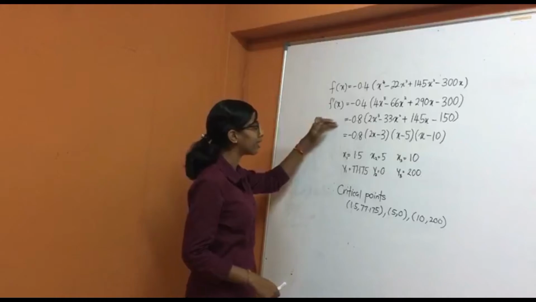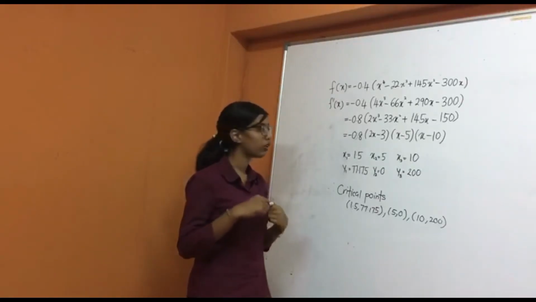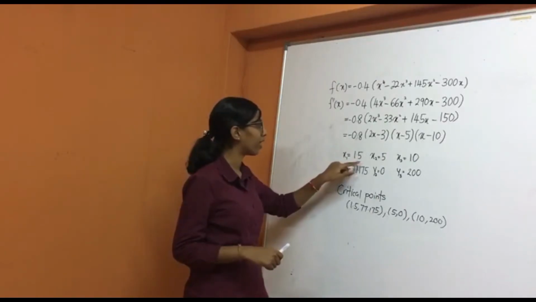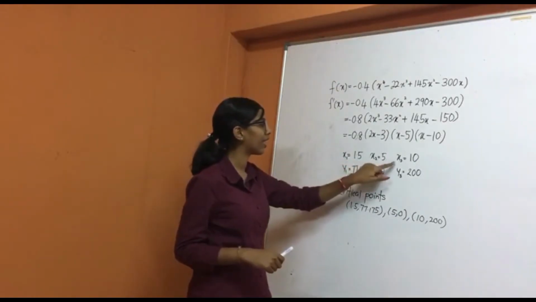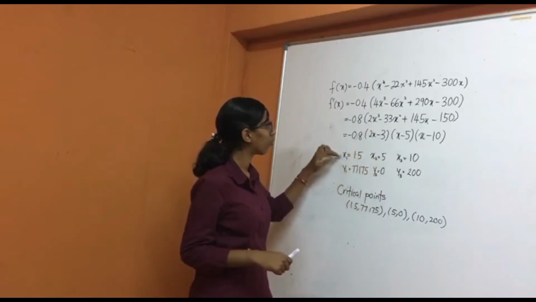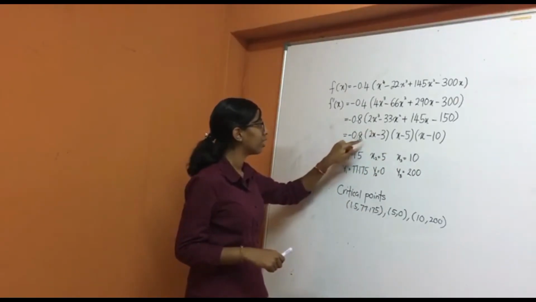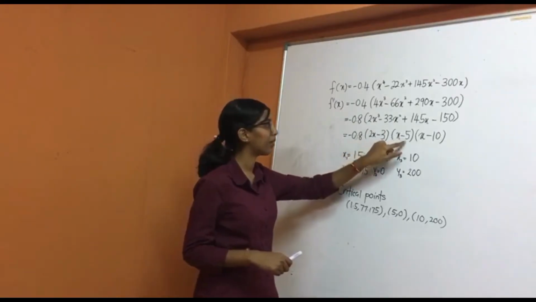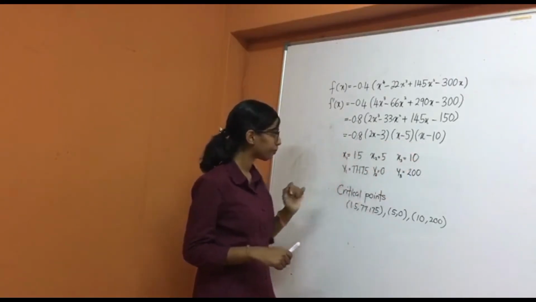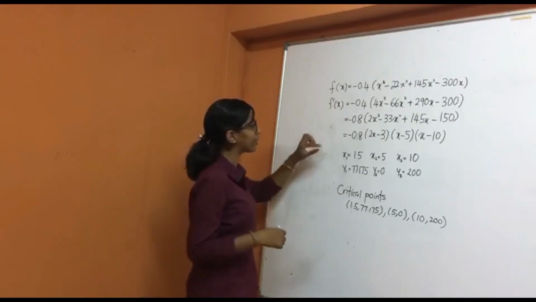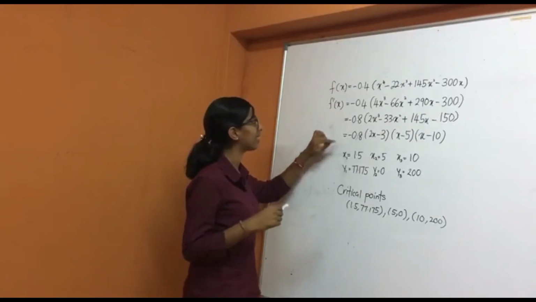From this equation we will be using a calculator to find three roots. We will get x1 equals 1.5, x2 equals 5, x3 equals 10. So from here our equation will be negative 0.8 times (2x minus 3), (x minus 5), (x minus 10). To find the value of y, we will substitute x into this equation.